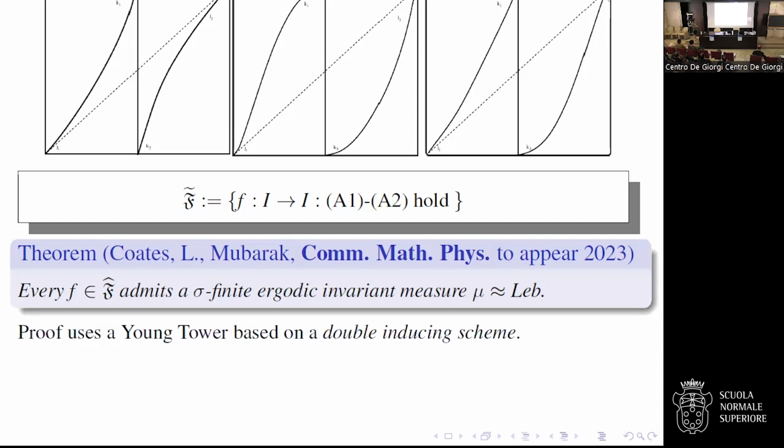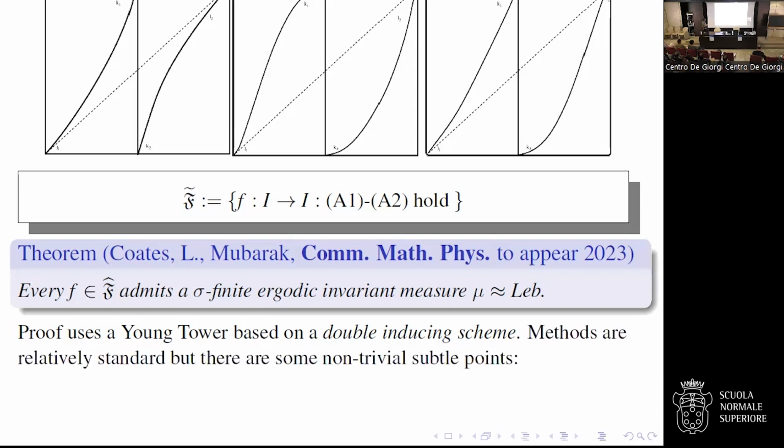Yes, so the proof uses a double inducing scheme, which is a variation of what's used also in the paper of Hayden and Vaienti. And the methods are relatively standard, but there are some subtle points, which are maybe worth mentioning here. For example, we construct an induced map.